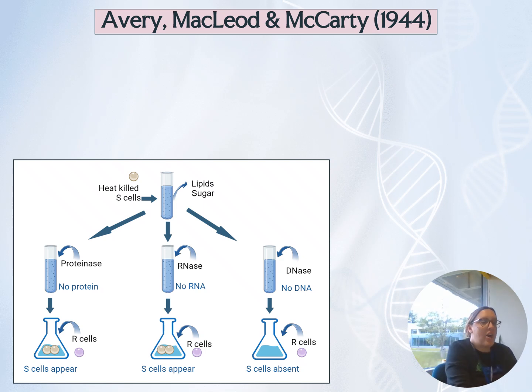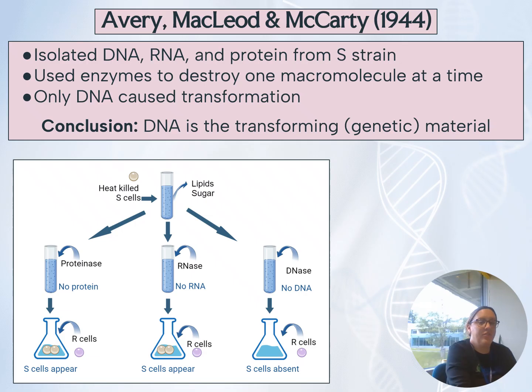Avery, McLeod, and McCarty took this a step further. So they took Griffith's experiment and just built upon it a little bit. Now we want to find out, what is the transforming principle? Is it a protein? Is it RNA? Or is it DNA? So what they did was they used enzymes to isolate, in our heat-killed S cells, DNA, RNA, and protein.